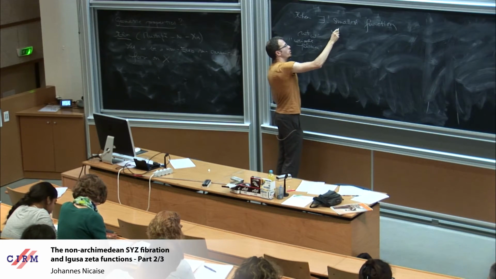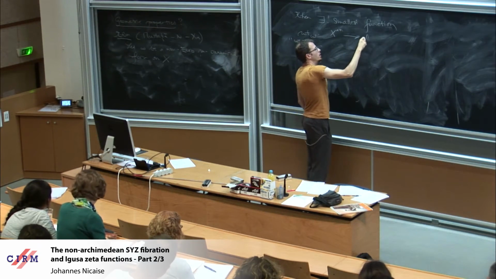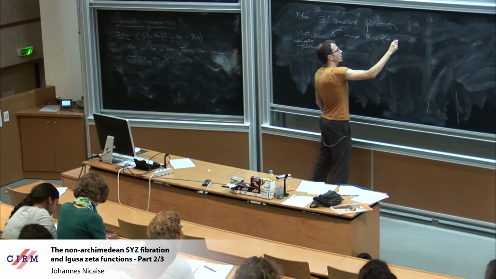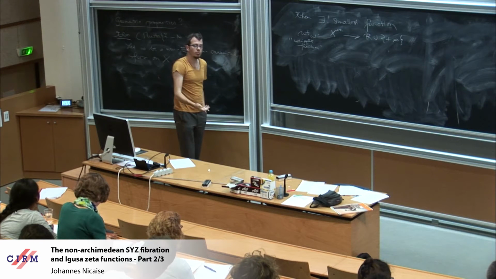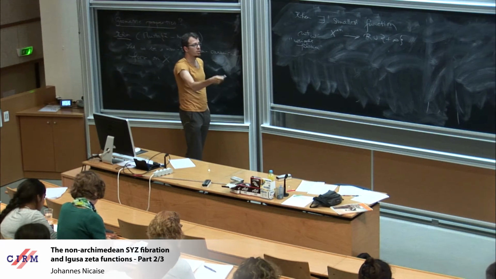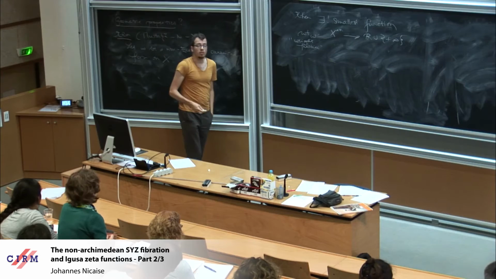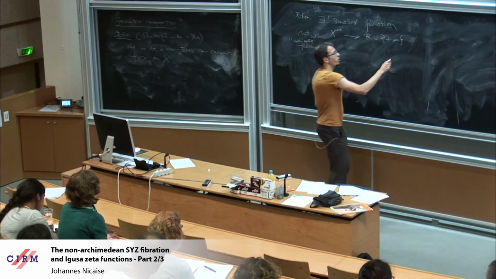So it's defined on the whole Berkovich space X^n. It takes values in R union plus infinity. For instance, at closed points of X, the value will automatically be plus infinity. So it's interesting mainly on the space of birational points. With the following properties.